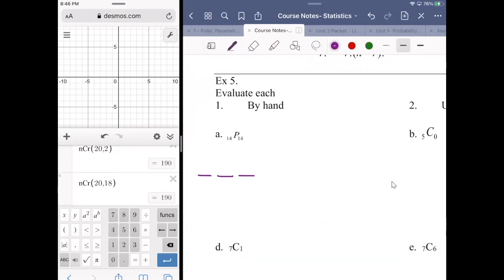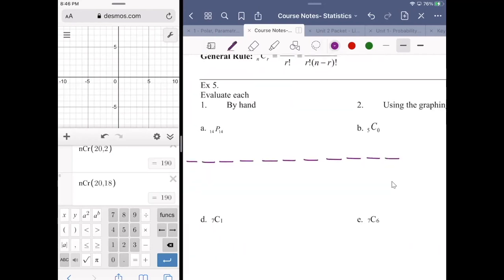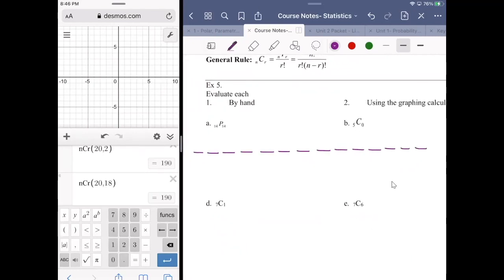But 3, 4, 5, 6, 7, 8, 9, 10, 11, 12, 13, 14. So then 14, 13, 12, 11, 10, 9, 8, 7, 6, 5, 4, 3, 2, 1. All right.